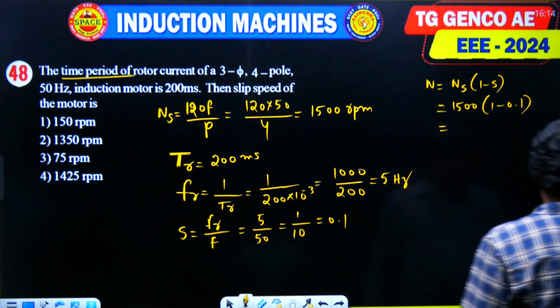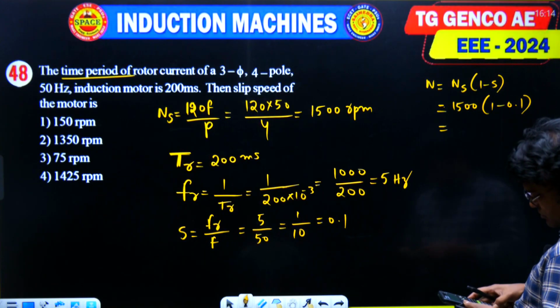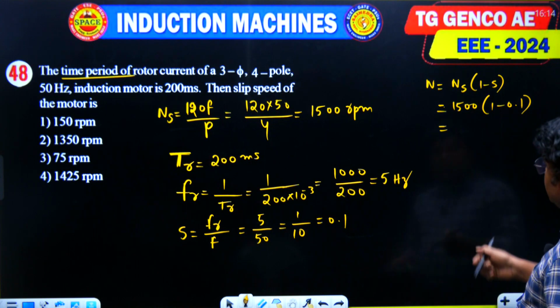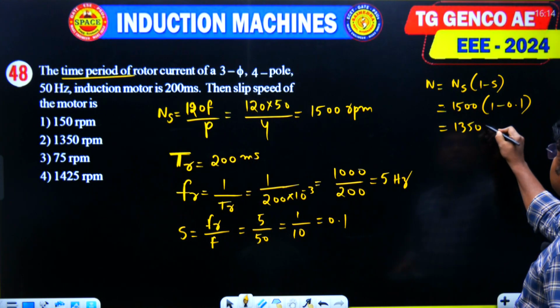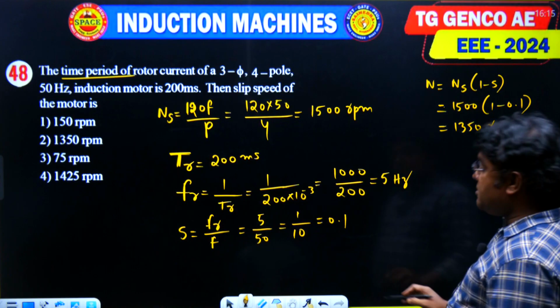Just verify. Yes, 1350 RPM. After getting 1350 RPM, we require the slip speed.